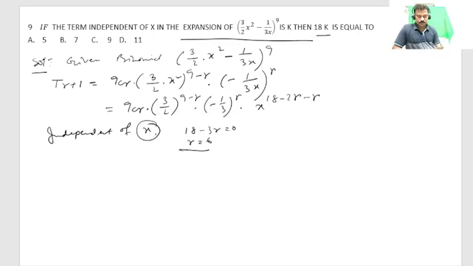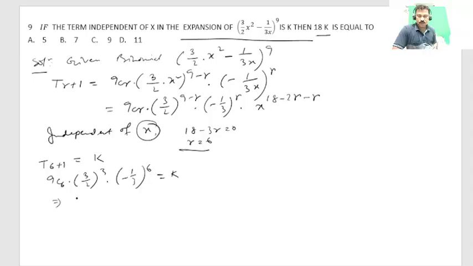Now t(6 plus 1) equals k as given. So 9c6 into (3 by 2) whole to the power 3 into (minus 1/3) whole to the power 6 equals k here.